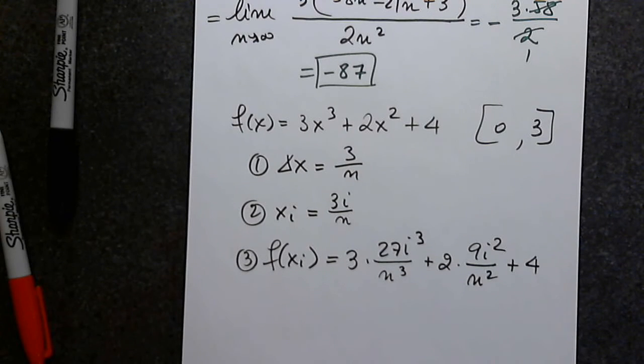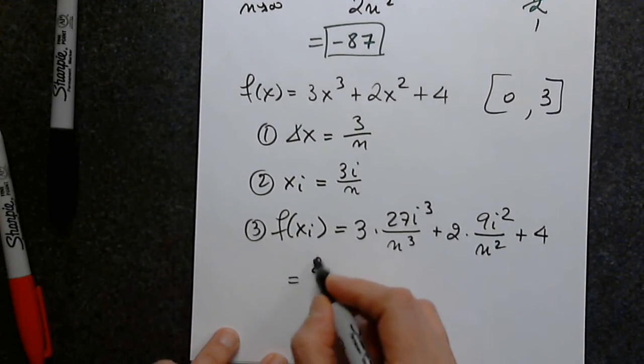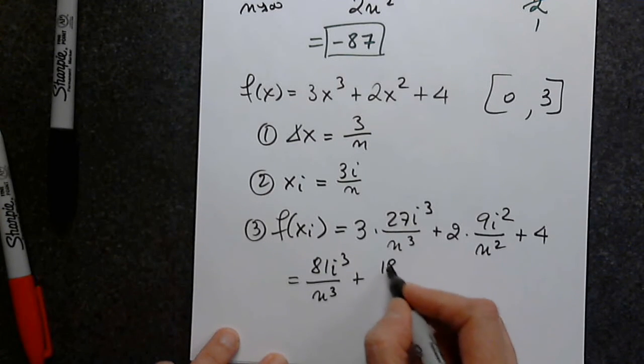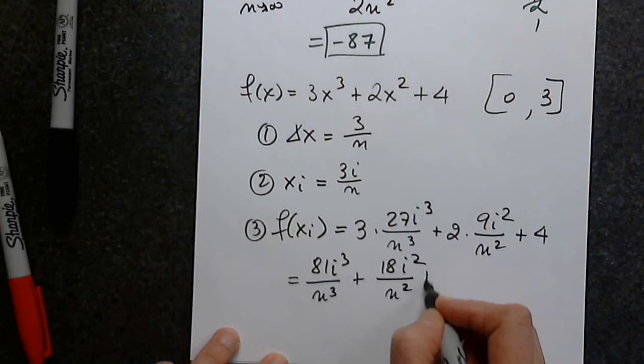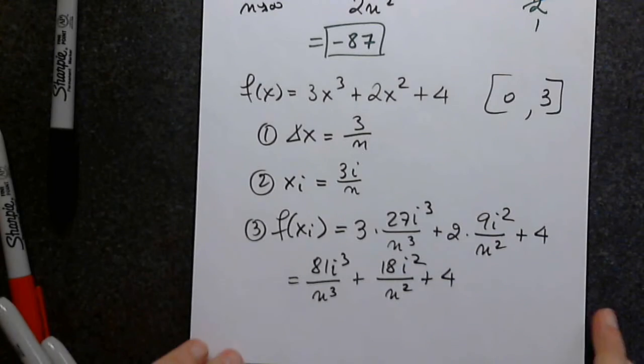Much easier because we started the interval at 0. So this is 81 i cubed over n cubed plus 18i squared over n squared, and plus 4. Is this okay, everyone?